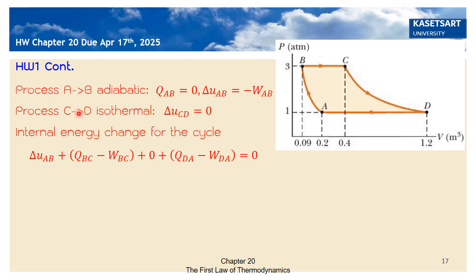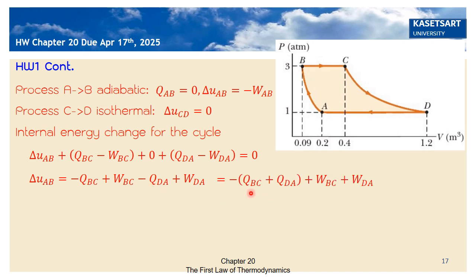As we did in the last slide, we substitute these two conditions into the equation and rearrange it. We have delta U_AB equal to minus Q_BC plus W_BC minus Q_DA plus W_DA. If we combine the heat and work terms together, we have something like this.